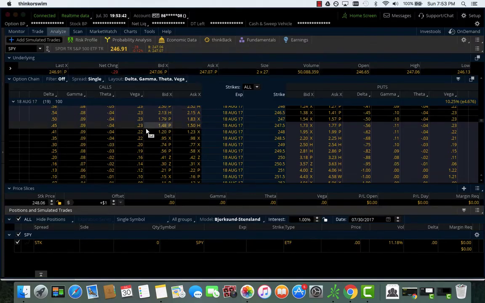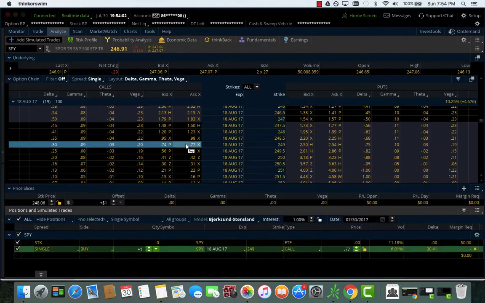So what will happen if we own a 30 delta call and SPY goes up a buck? How much should we make or lose on that option? Remember, delta measures the predicted price movement of an option per every $1 move in the underlying stock. Let's simulate a buy.